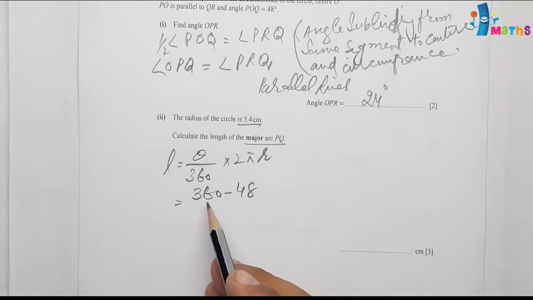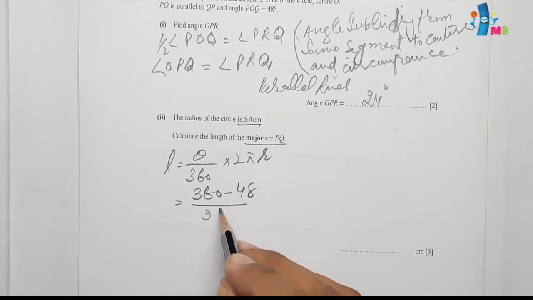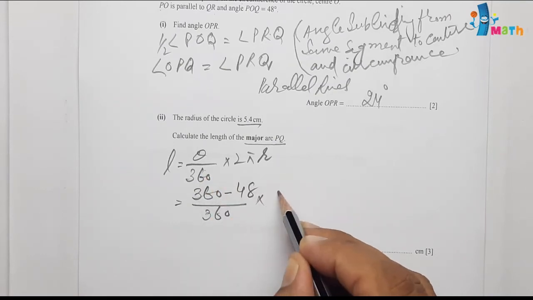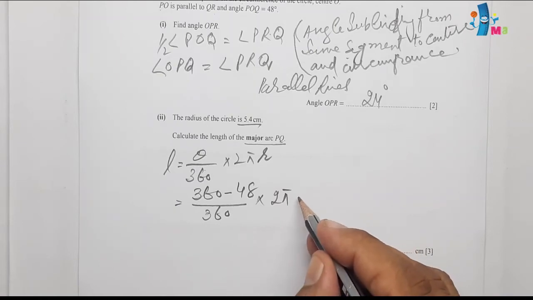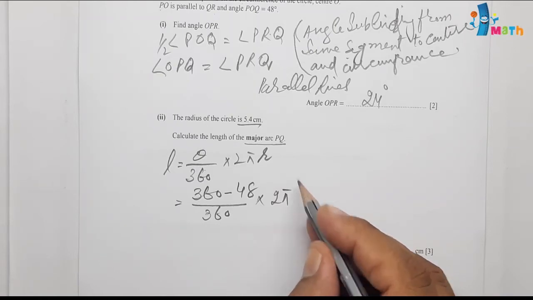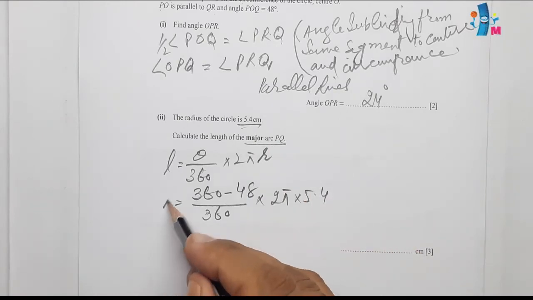Theta is equal to 360 minus 48, divided by 360, this formula, into 2 pi and r, which is 5.4, which is given in the question. So multiply by 5.4, this will be the length.